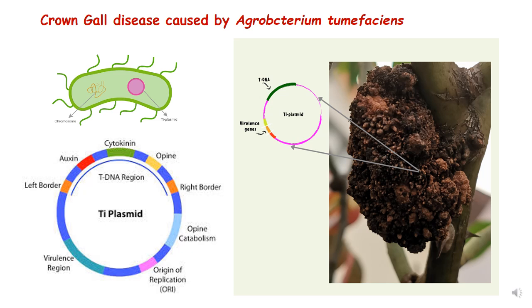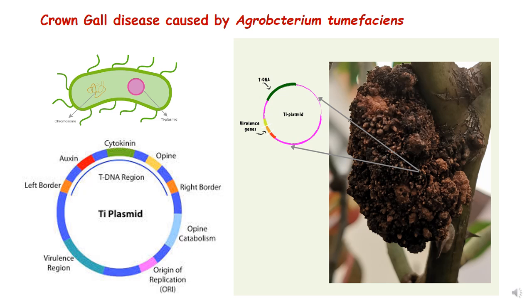The Ti plasmid, which is present in Agrobacterium tumefaciens, has four major regions, which you can see here. The Vir region, which is called the virulence region; the tDNA region, which has genes for auxins, cytokinins, and opine synthesis, and the tDNA region has left border and right border, which are made of 25 base pair repeats.